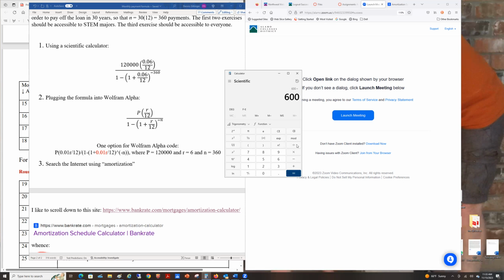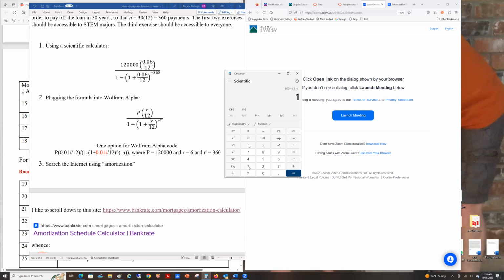Now that has to be divided by this complicated, not very attractive expression. And I've got to put the entire denominator in parentheses. So I'm going to put open parentheses. Then it says 1 minus. Okay, so that's 1 minus, guess what? Another open parentheses. And my calculator here says, okay, this is parentheses number 2.